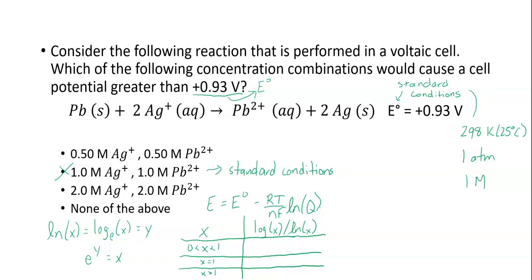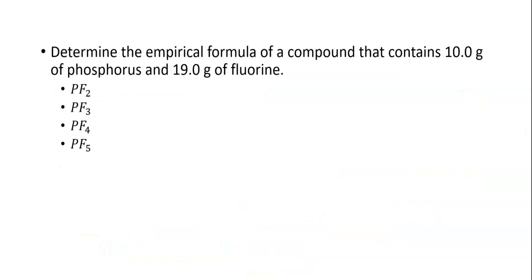So let me write out what a regular log is as well real quick. So log base 10 of x, if that's equal to y, then that means 10 to the y equals x. So if we're taking the log base 10 of 1, then we're asking ourselves 10 to what power is equal to 1? Well, it's 10 to the 0th power.